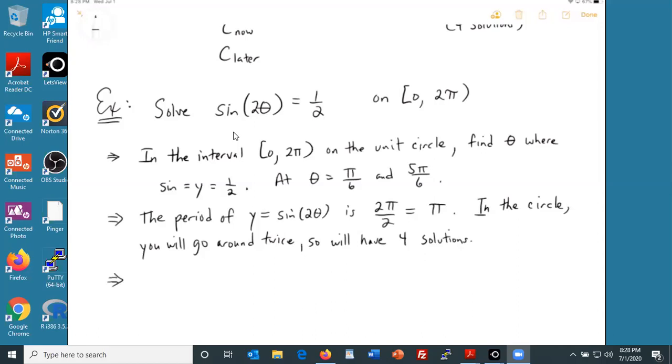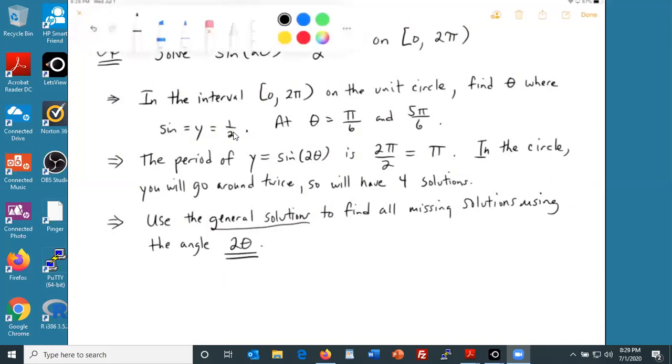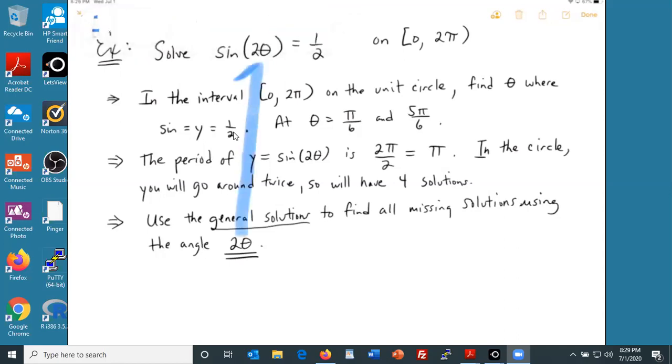To get the solutions, we're going to use first the general solutions to find all missing solutions, and that's using the angle 2 theta, because that's the angle that's given to me.